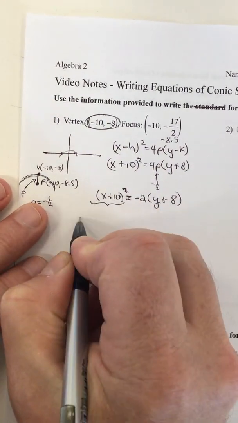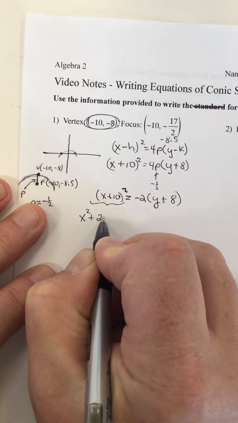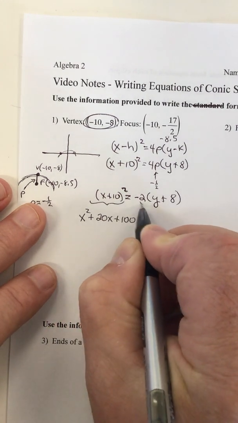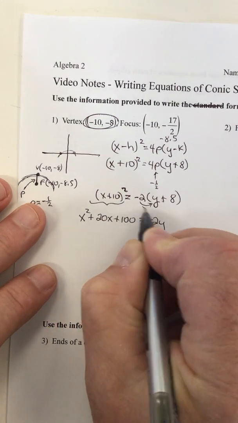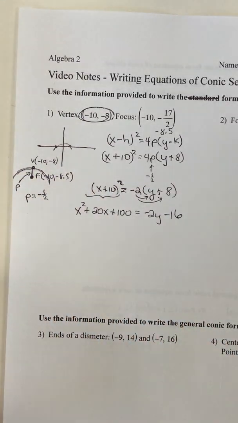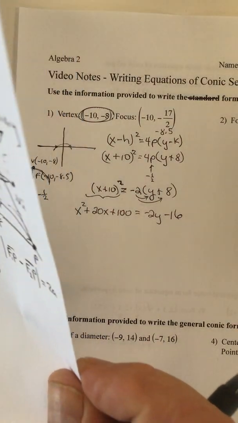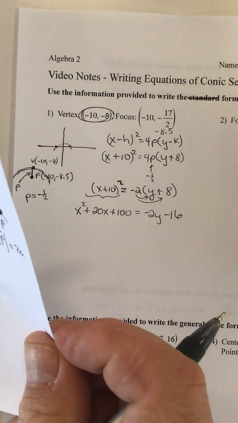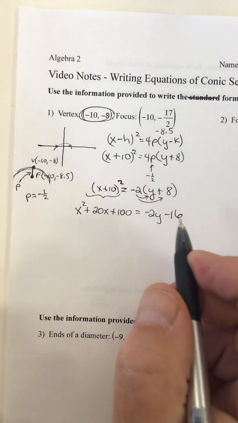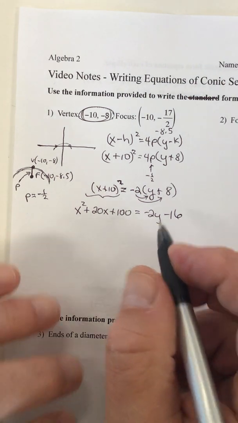To square all of this, it's the first one squared, double the middle, so 10x doubled, and then the last one squared, and then -2y minus 16. These equations are typically solved for y.